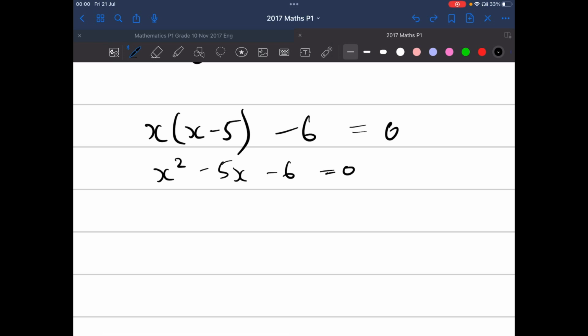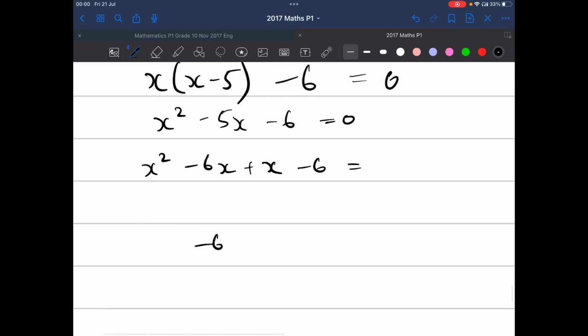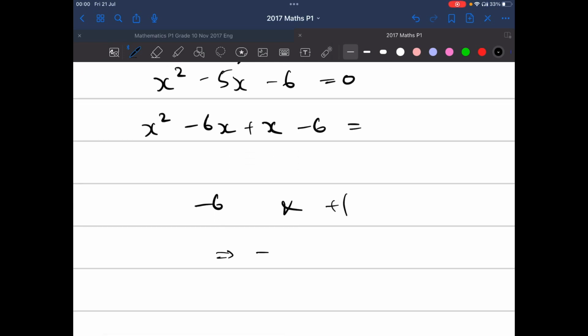So in this case our two numbers are going to be minus 6 and plus 1. If I add these two together, I'll get minus 5, which is my middle term. And if I multiply them, I'll get minus 6, which is my last term.